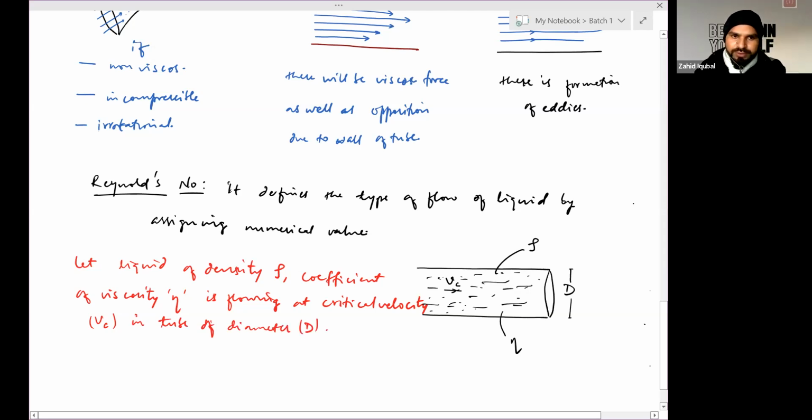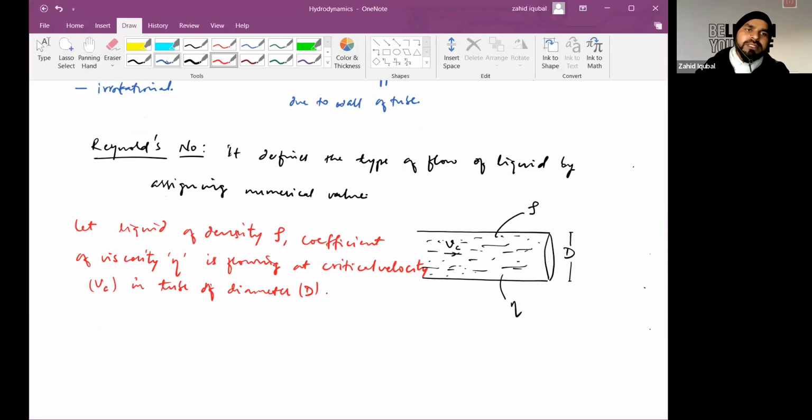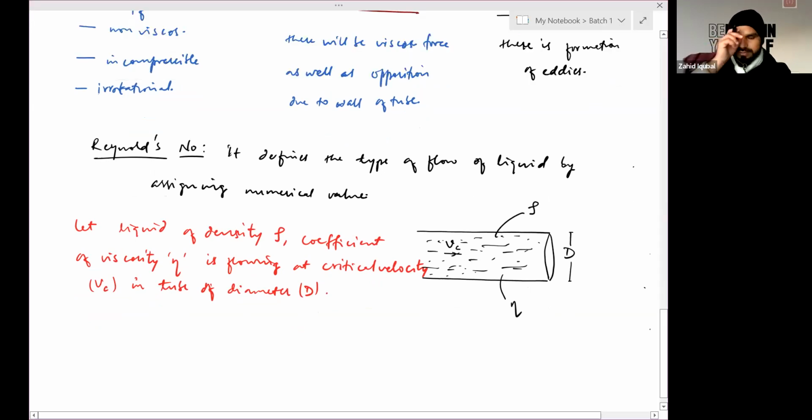So let me define what you mean by critical velocity. It is the velocity for which flow of liquid will be streamlined.